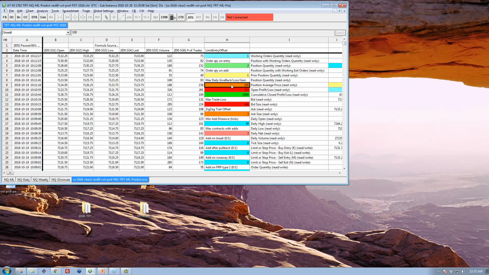So another piece of information is needed: how much do I need to get up first before I start worrying about giving back too much? It would be something on the order of, if I've made 200, then I don't want to lose more than 200. Or if I've made 150, then I don't want to lose more than 200, something along those lines. That's the logic that's missing, so I need to add that. We have the data to do it; it's just that the logic in the spreadsheet has to be implemented.